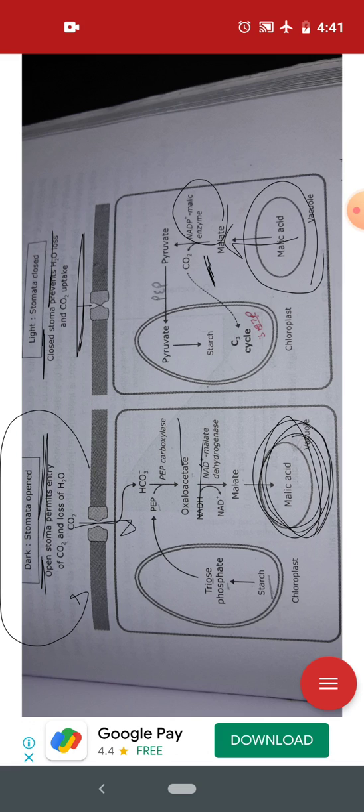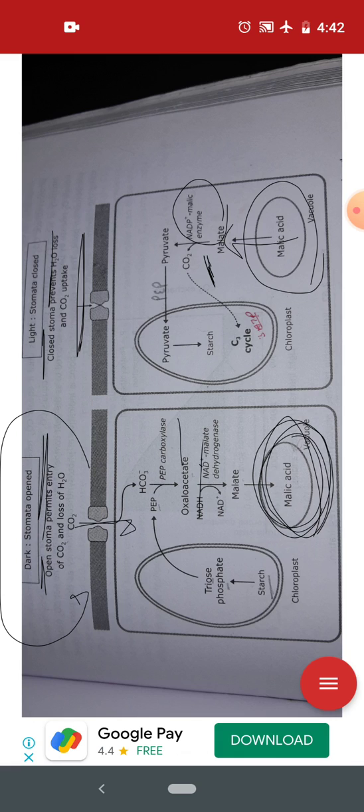Next difference is photorespiration. In C3 plants, photorespiration is present. In C4 plants, photorespiration is not easily detectable, and in CAM plants, photorespiration is detectable in the afternoon. Next difference is the Calvin cycle operation.